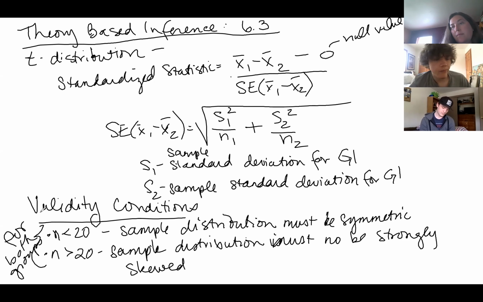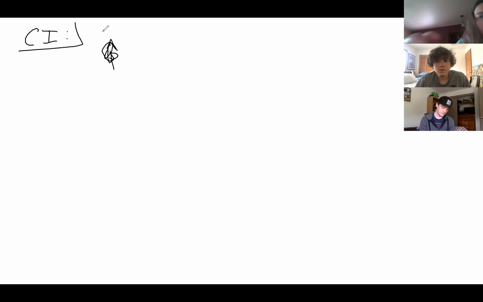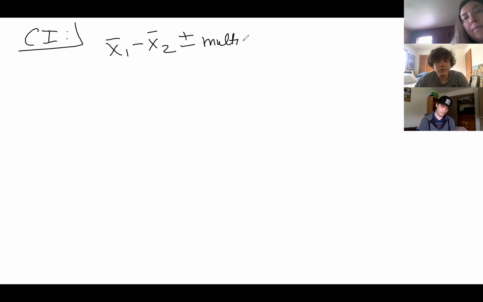Okay, so then we'll move on to talking about a confidence interval. Did you already get your screenshot? Yep, got it. To find a confidence interval for the difference in means, we're looking at our statistic x bar 1 minus x bar 2, because we're measuring the difference in means, plus or minus the multiplier times the standard error for the difference in means.